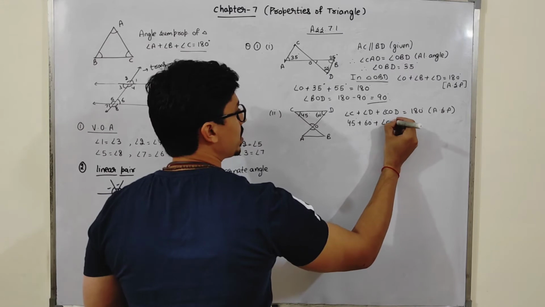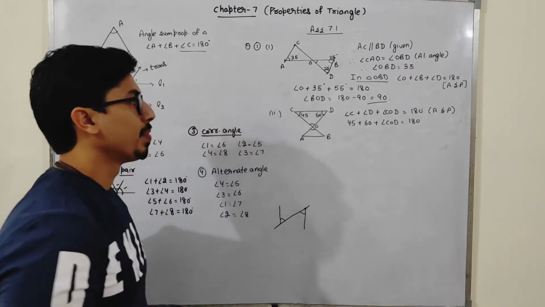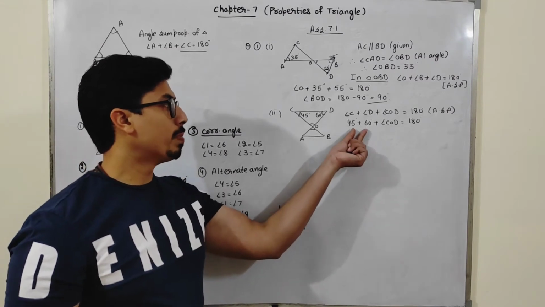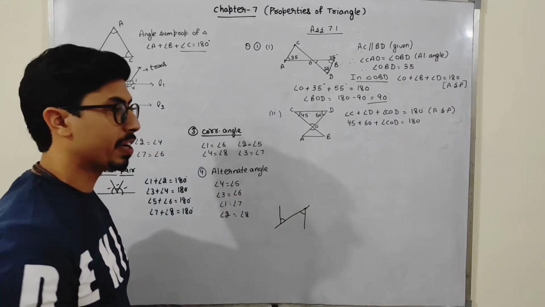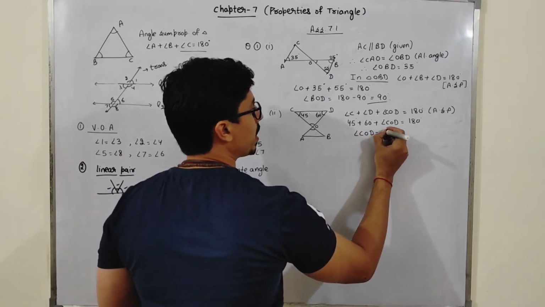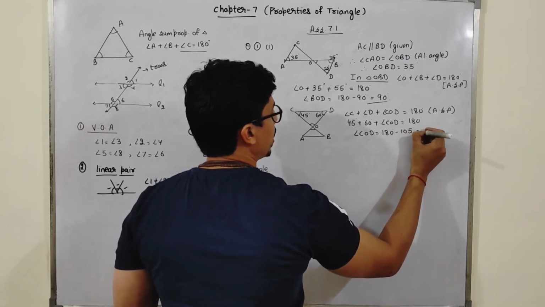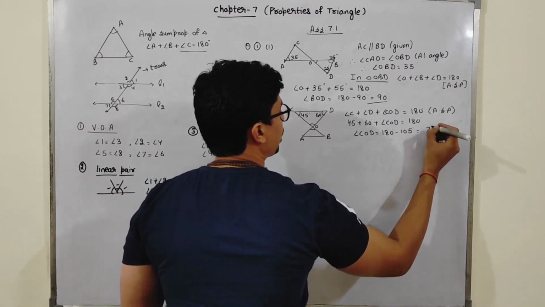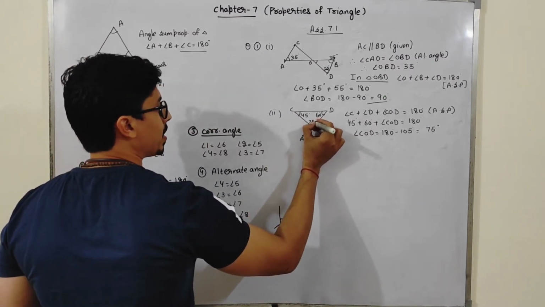This we don't know, students. If I add them, it will be 105. When 105 goes here, it will be subtraction. So angle COD is equal to 180 minus 105. So it will be 75 degrees. Now this means this angle is 75 degrees.